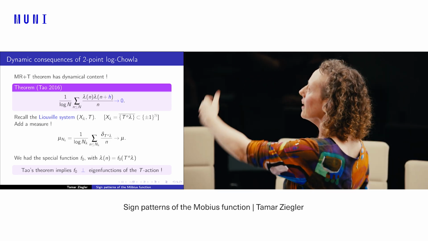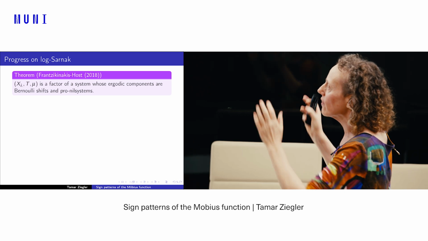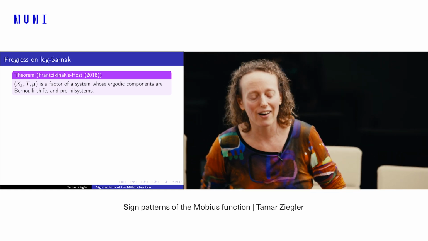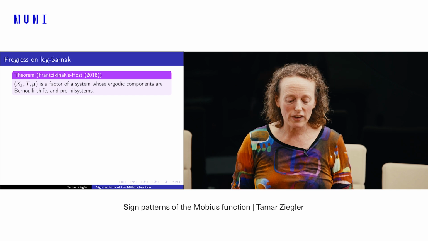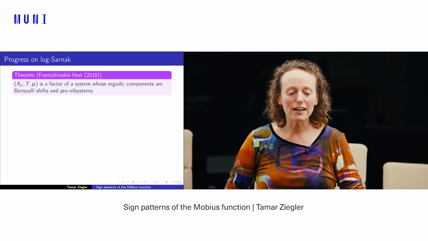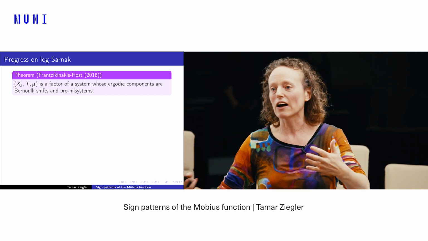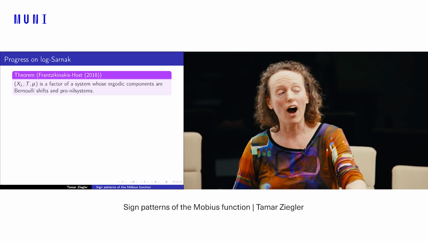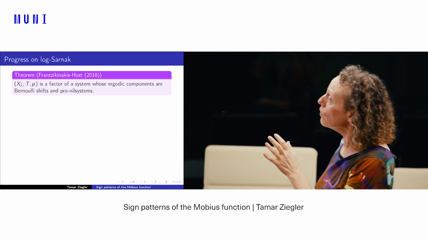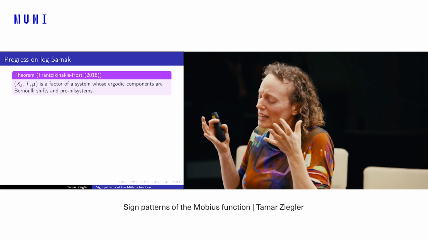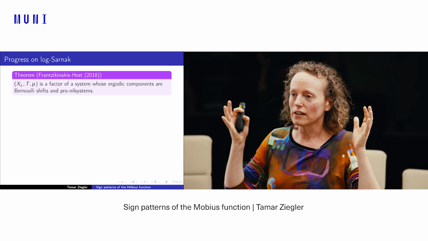Actually, this idea was pushed much further by Frantzikinakis and Host in 2018, building on major results in ergodic theory and in additive combinatorics. What they showed is a really interesting fact about this Liouville system.